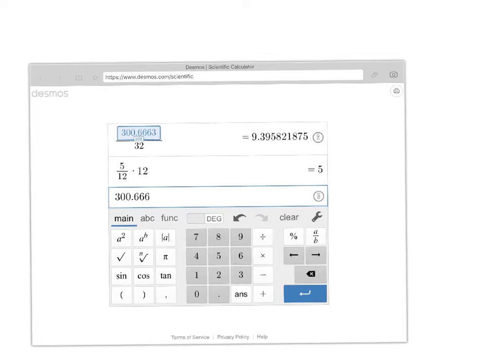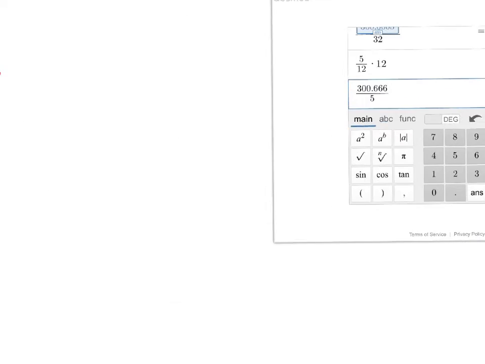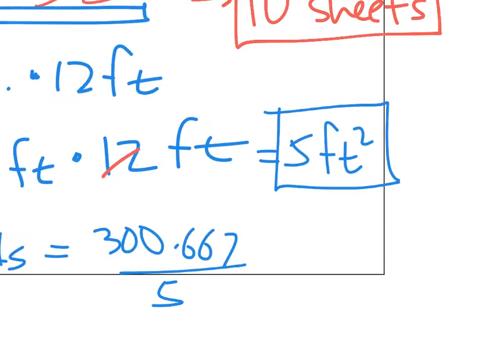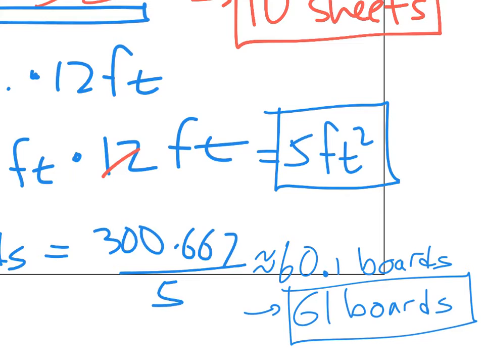And so we need 60.132 boards. Again, you can't buy 0.132 of a board, so we're going to need to round that up. So this is about 60.1 boards, but we're going to round that up to 61 boards because you got to buy a whole number of boards. Okay, it's called discrete numbers.